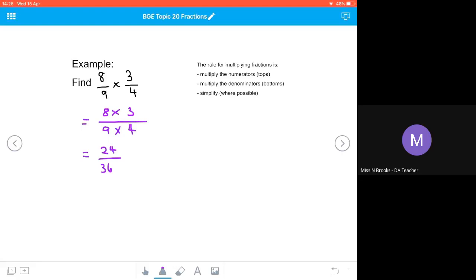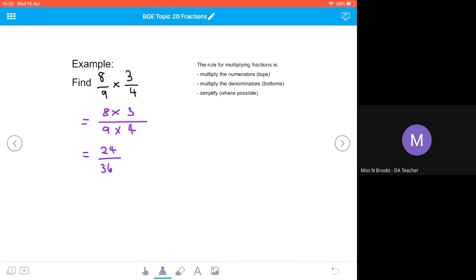Now, we want to look and see what the highest common factor is for simplifying this. Now, if you don't recognize the highest common factor, then you can recognize that they're both even numbers, and you can keep dividing the top and the bottom by 2 until you're in its simplest form.